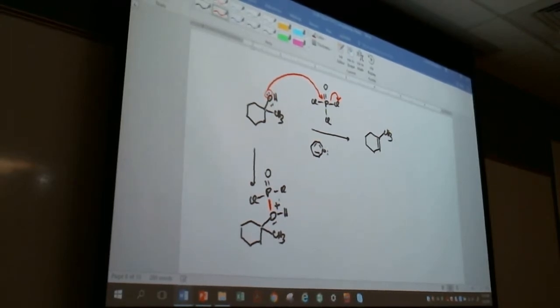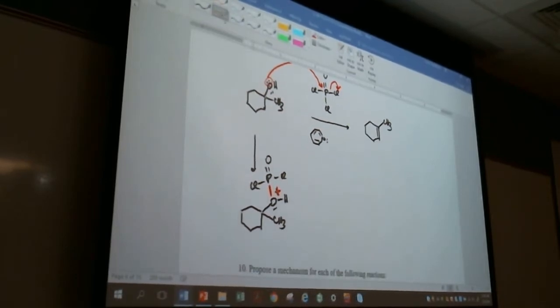That is new. And then the chlorine is now a chloride ion. So let's draw that chlorine, which has gained these two electrons and is now a chloride ion.